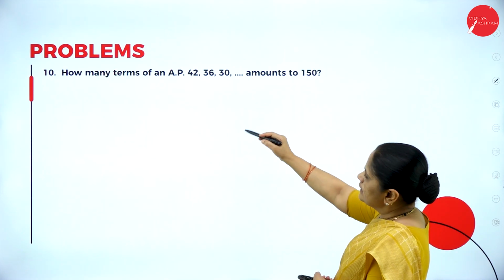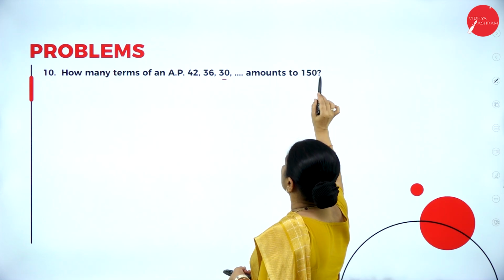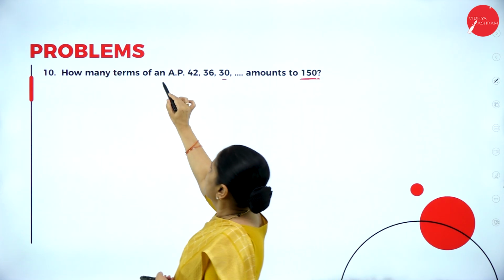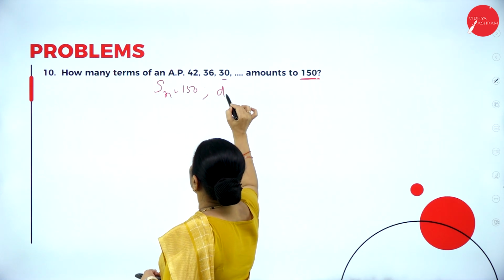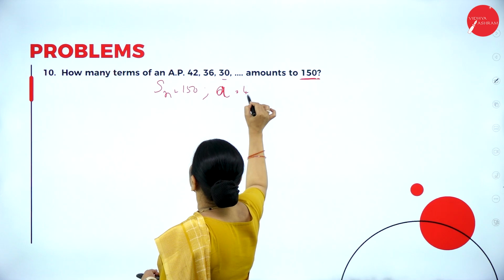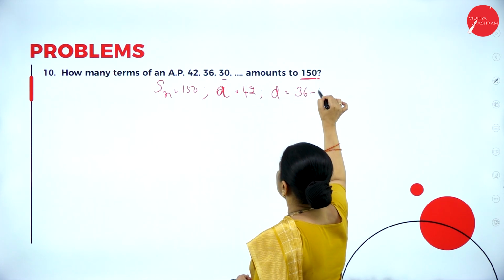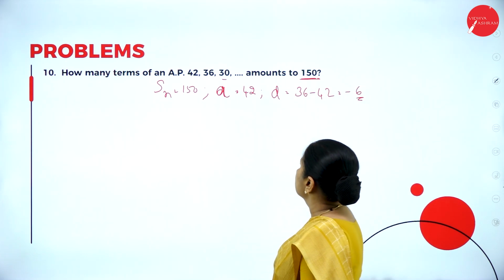Now, how many terms of an AP 42, 36, 30 amounts to 150? They have given us Sn equals 150, A equals 42, D equals 36 minus 42, that is minus 6.